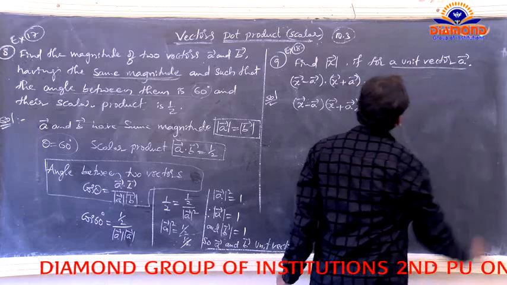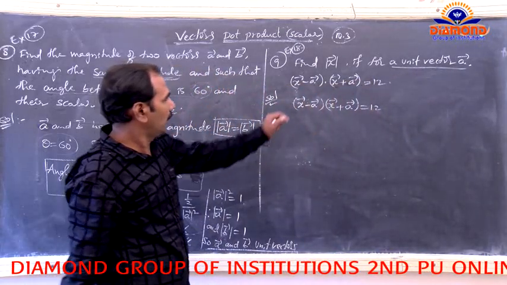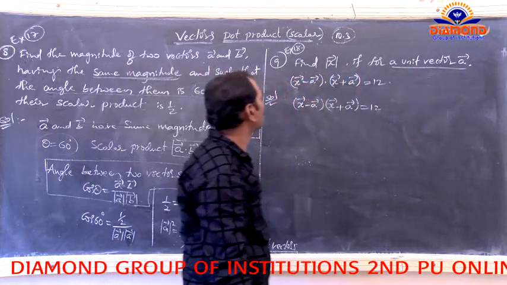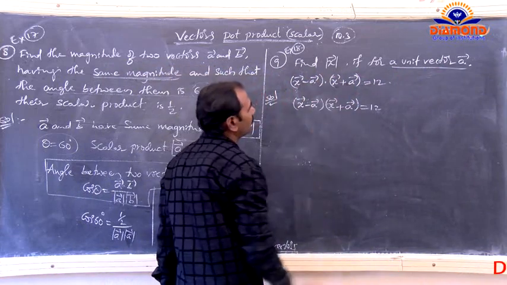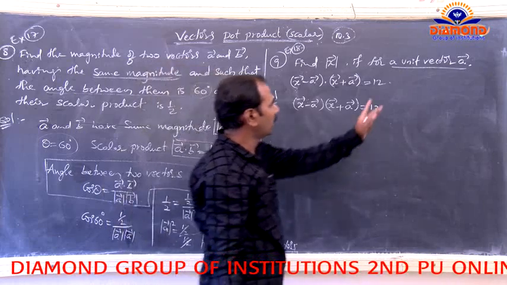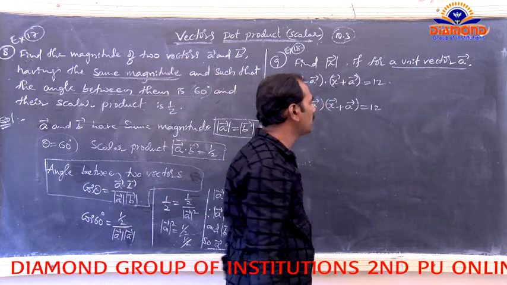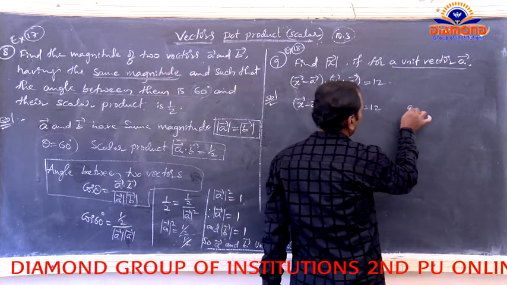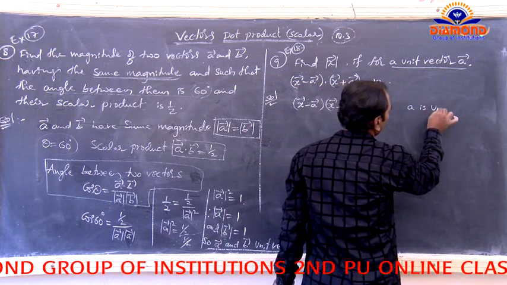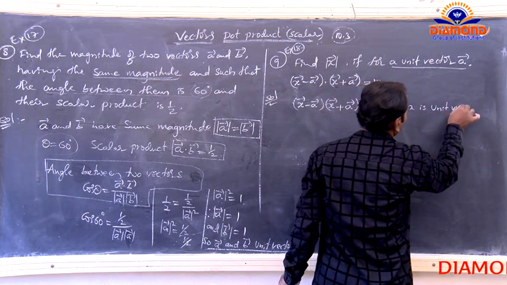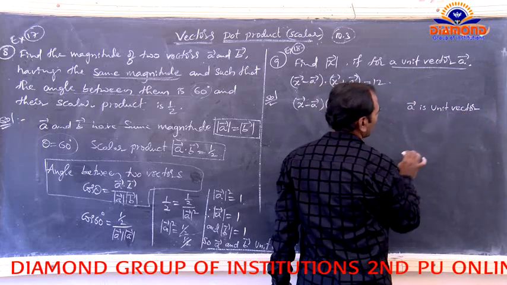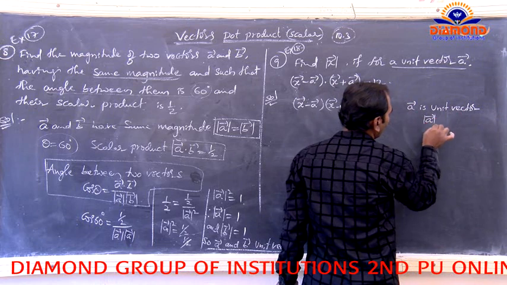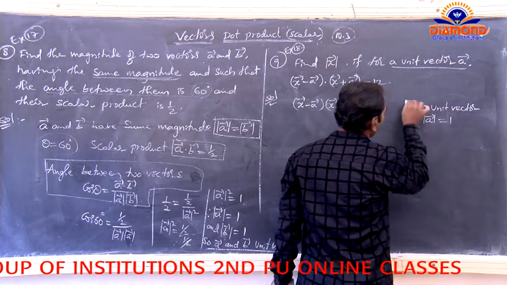A bar is a unit vector. It means magnitude of A equal to 1.